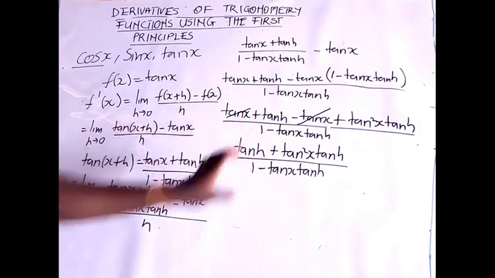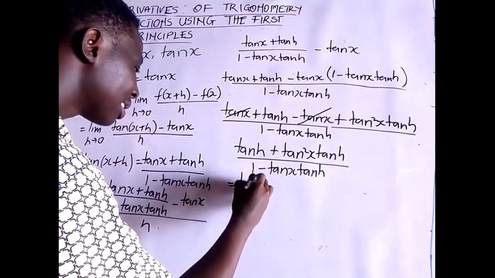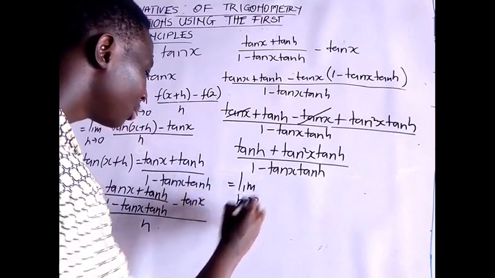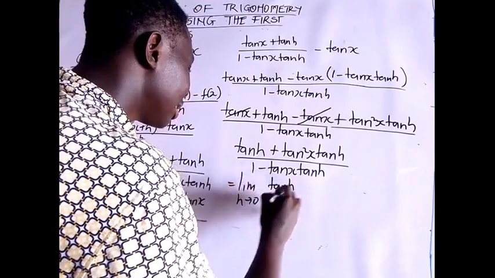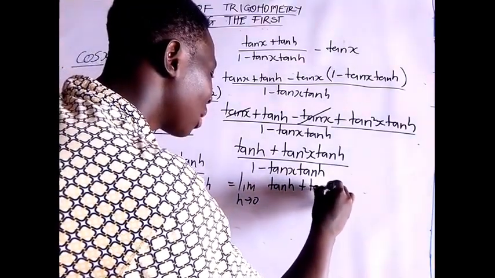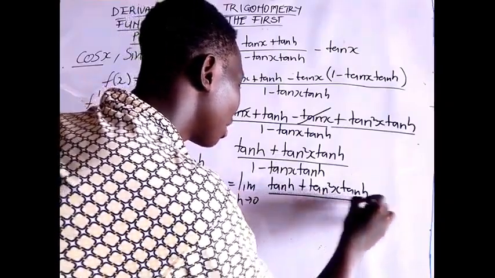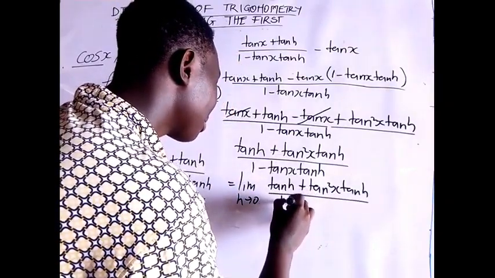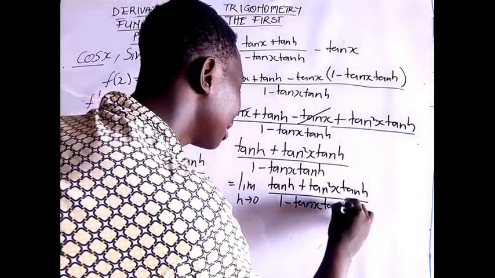So we fix this one right here. So we get the limit as h approaches 0 of tan h plus tan square x tan h all over 1 minus tan x tan h.